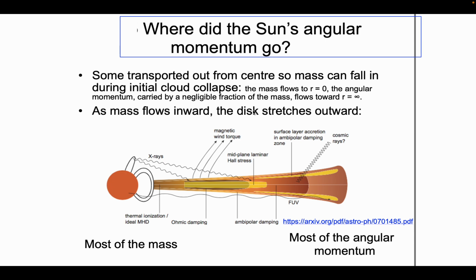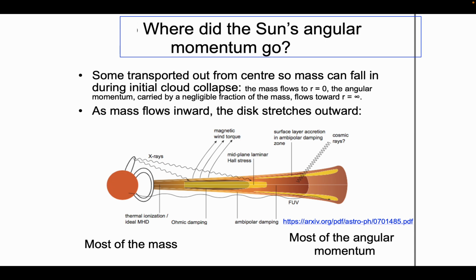The angular momentum is carried by a negligible fraction of mass flowing towards r equals infinity. As the mass flows inward, the disk stretches outward. Here is a typical picture of this angular momentum transport from the Sun to the disk of the solar system.